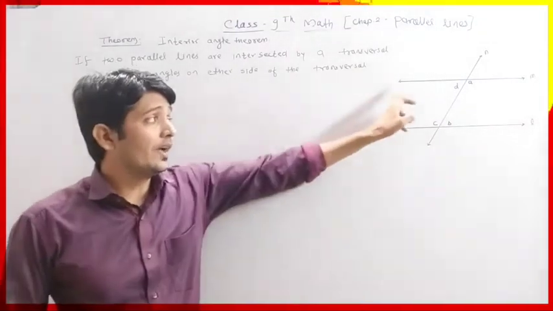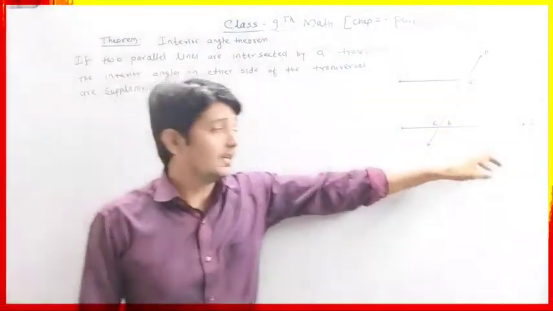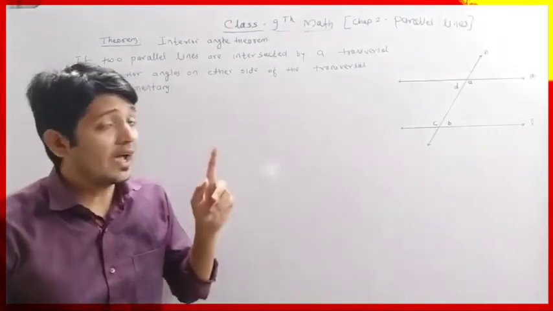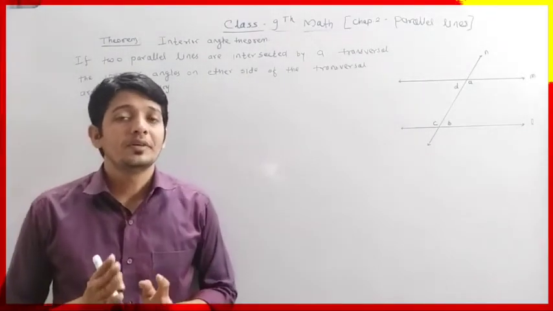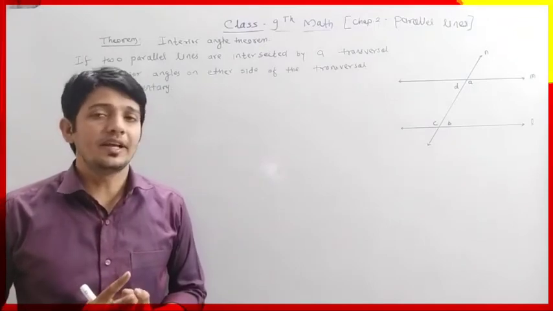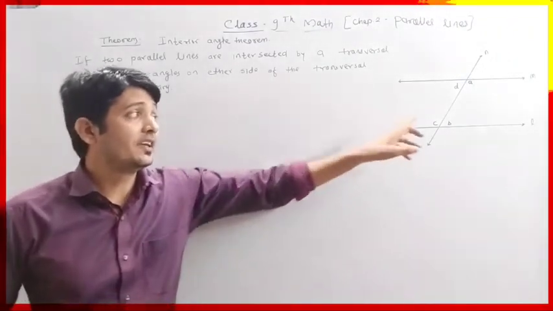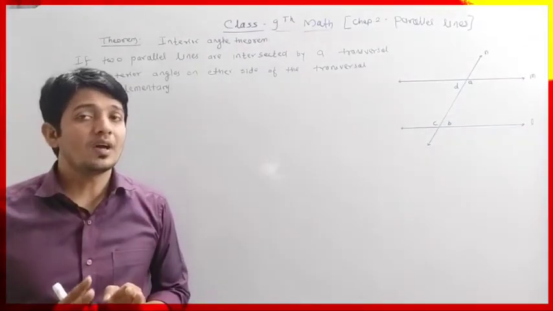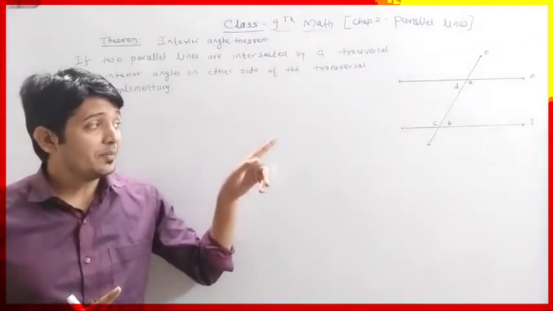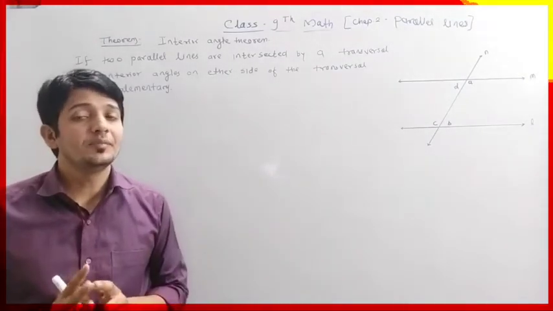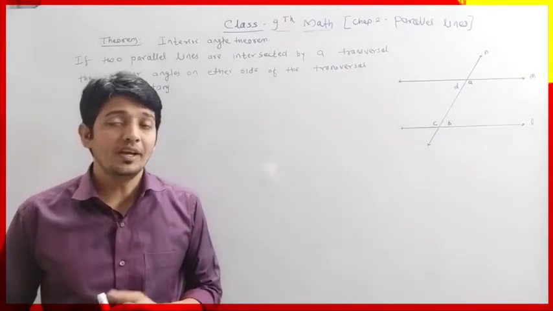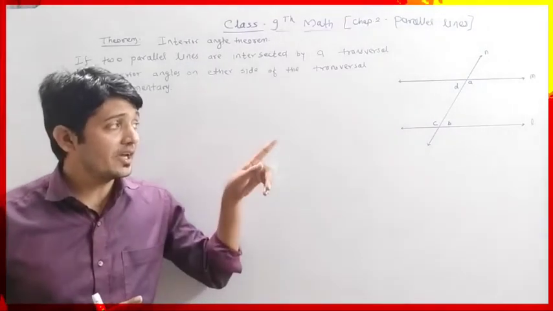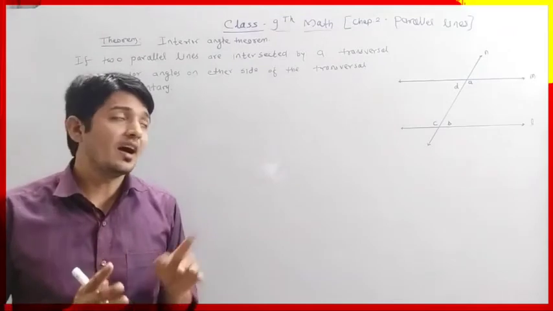Here we have two lines which are parallel, that is, line L and line M are parallel, and line N intersects those two parallel lines. The angles formed are A, B, C and D. They are nothing but the interior angles. The interior angles on one side of the transversal line are A and B, and on the other side are C and D.